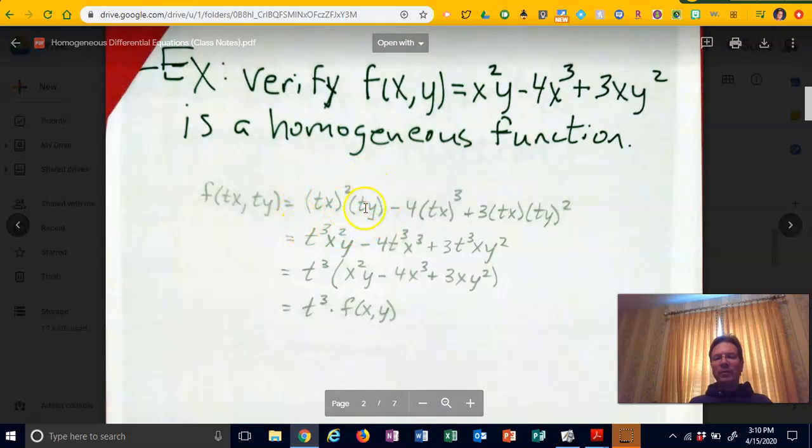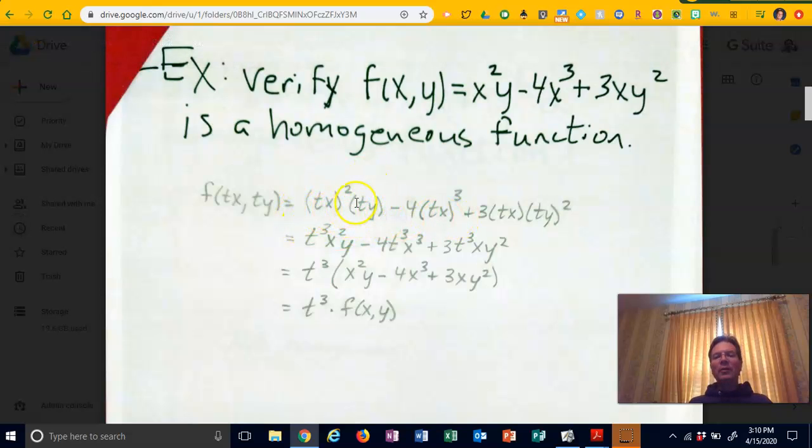So there's 3 terms here basically. This first term, if I expand it out by squaring the first thing and then do multiplication, I'll get t squared times t, or t to the third, x squared y. So that's my first term.